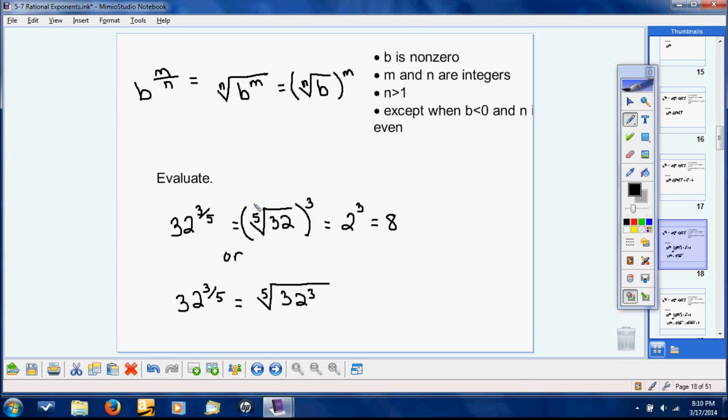This is the same thing as writing this, it's just that the steps to solving will look a little different. 32 to the 3rd power turns out to be 37,268. Don't let a really big number like that scare you. However, when you're copying down so many digits, it's sometimes easier to make a mistake. So you can then take the 5th root of that and get your answer of 8.